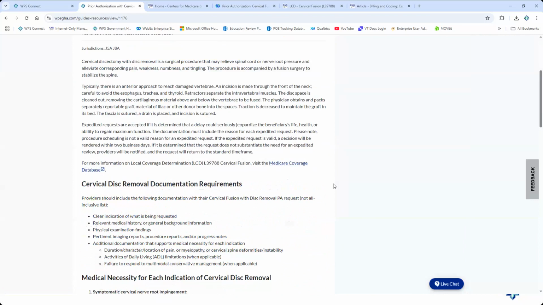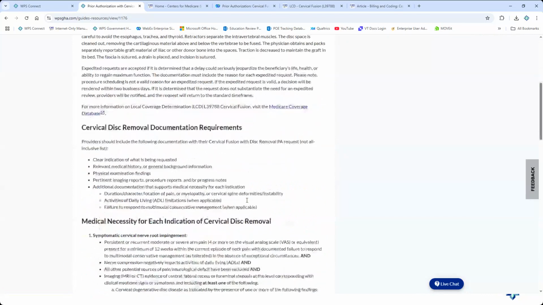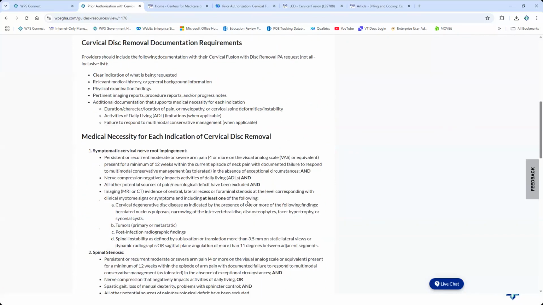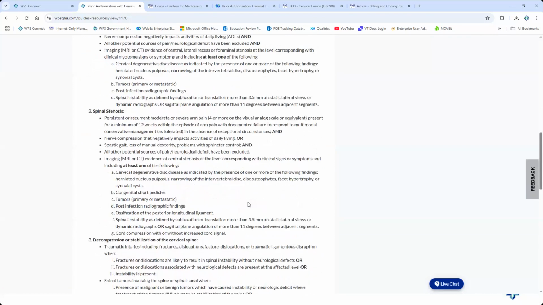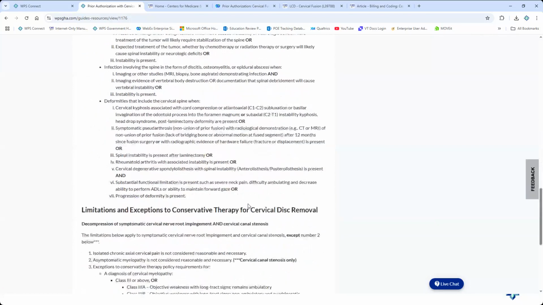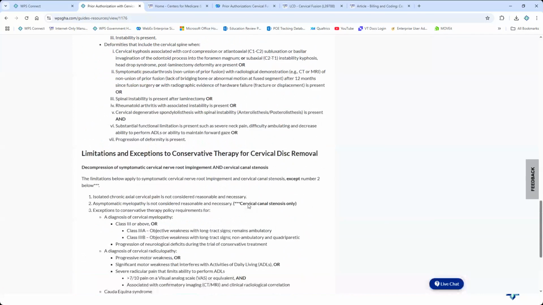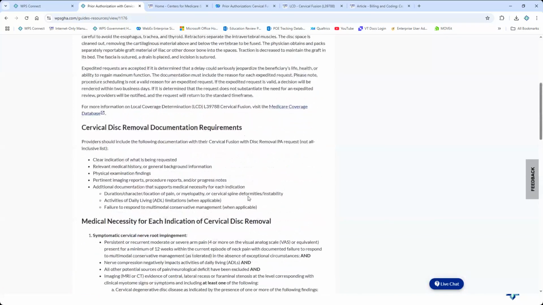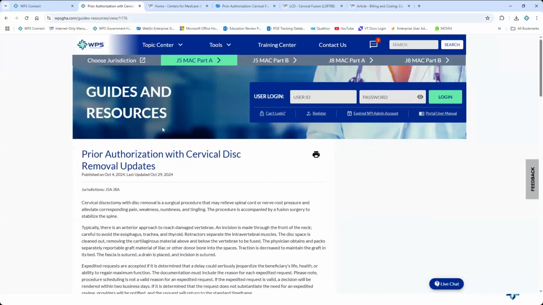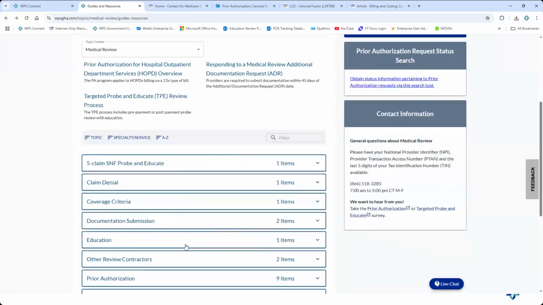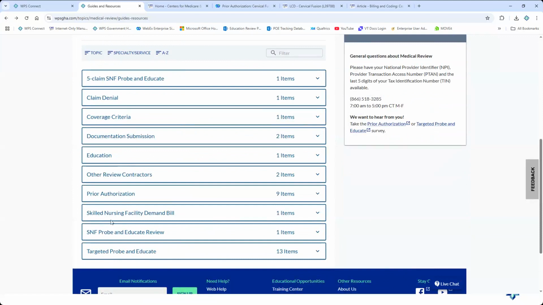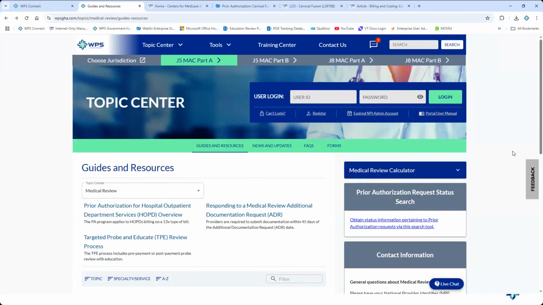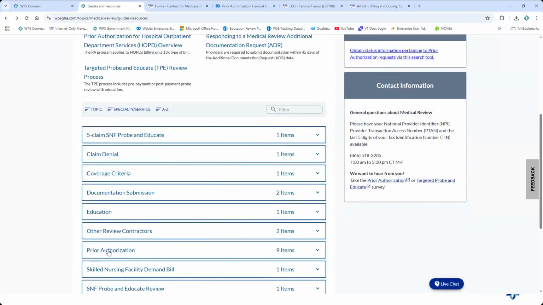And here is where you're going to find all of the information that we put out, that we want you to know is important for getting your cervical fusion and discectomies approved on prior authorization the first time. If I go back, and there's more than one way to find things, because you can always do a search or navigate.